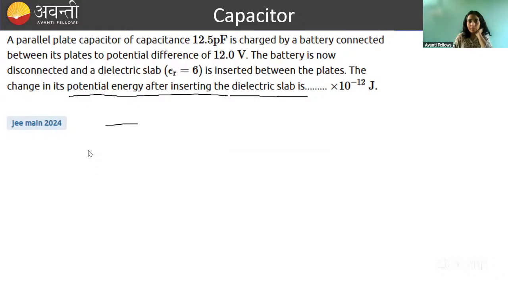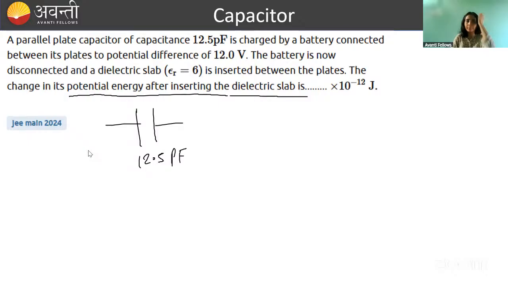So there is a parallel plate capacitor like this. It has a capacitance of 12.5 picofarad. Okay, maybe I got one answer, Ved. Maybe it is correct. I don't remember the answer. Let me tell you first. There is a slight mistake.